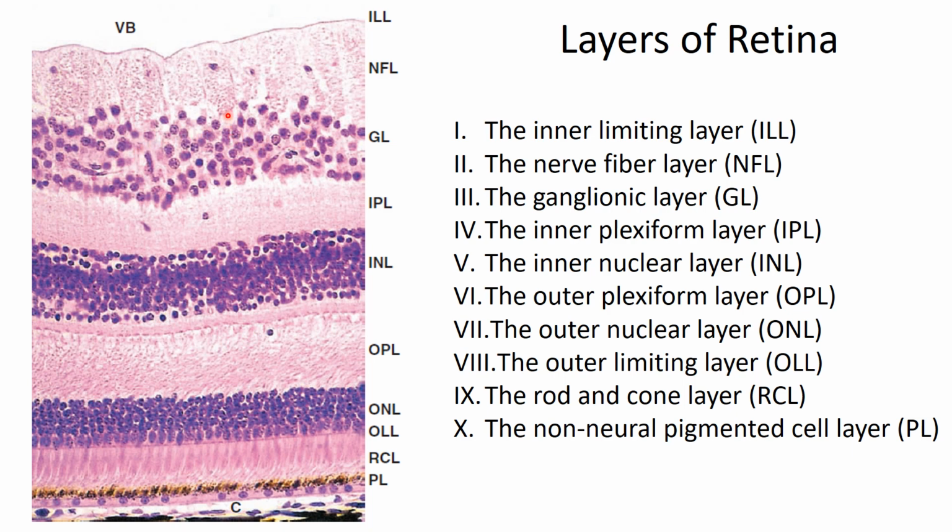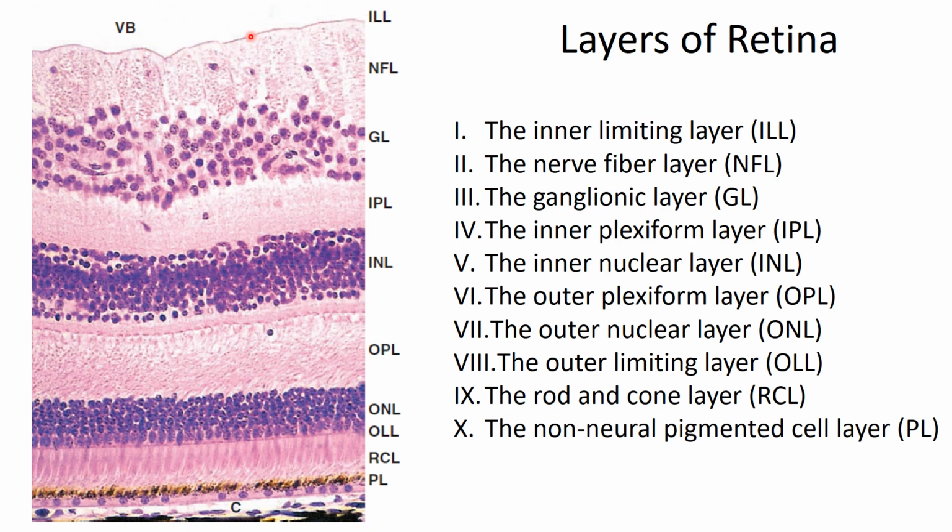Then their axonal fibers converge and form the optic nerve. So this is the nerve fiber layer. And interior to that is the basement membrane on which the cell body of the Muller cell lies.